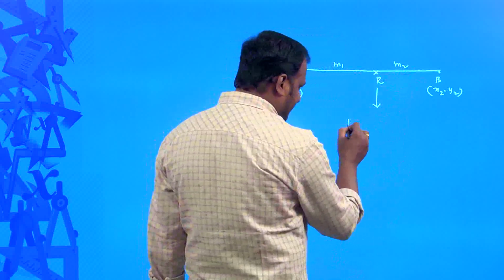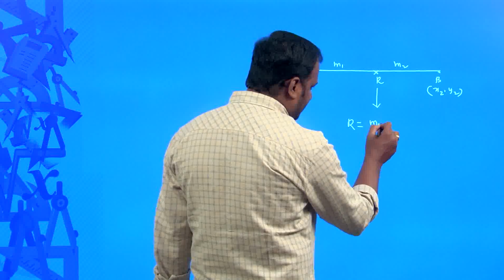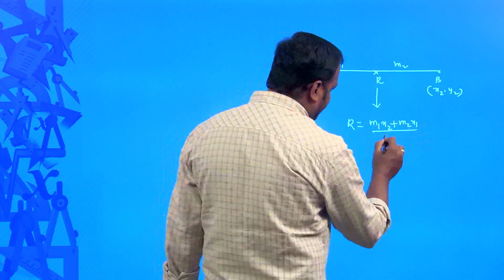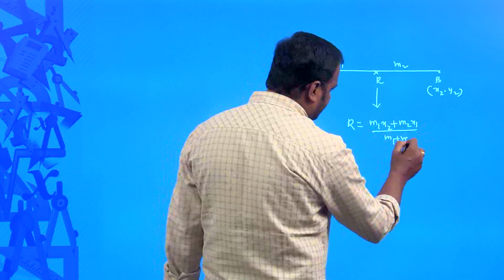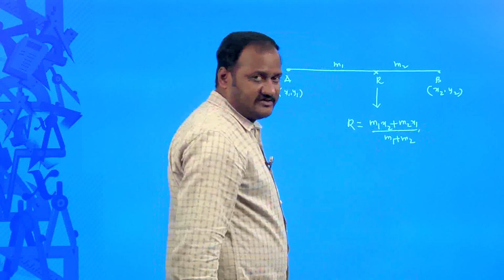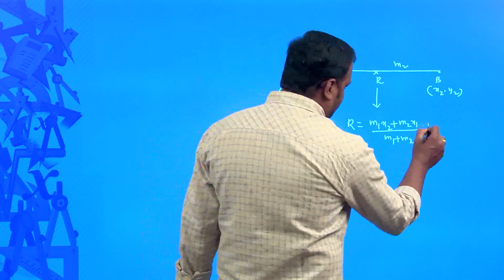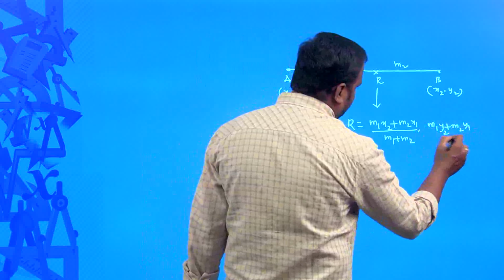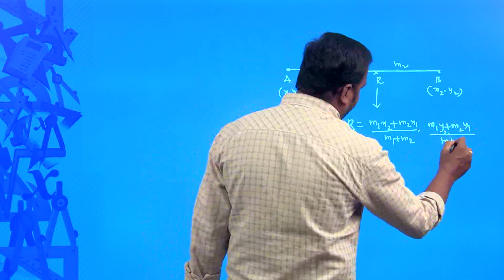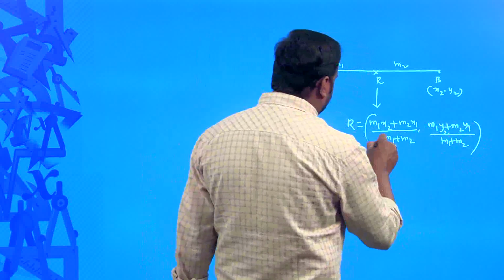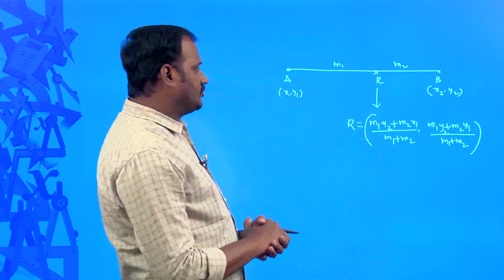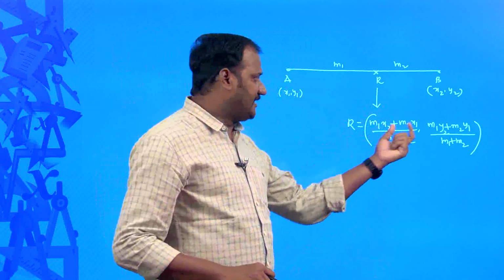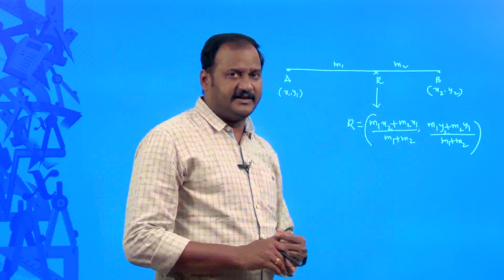R is going to be (M1 x2 plus M2 x1) divided by (M1 plus M2). This is the x coordinate, and what was that y coordinate we derived? That was (M1 y2 plus M2 y1) divided by (M1 plus M2), right. So, the coordinates of R are ((M1 x2 plus M2 x1) by (M1 plus M2), (M1 y2 plus M2 y1) by (M1 plus M2)).